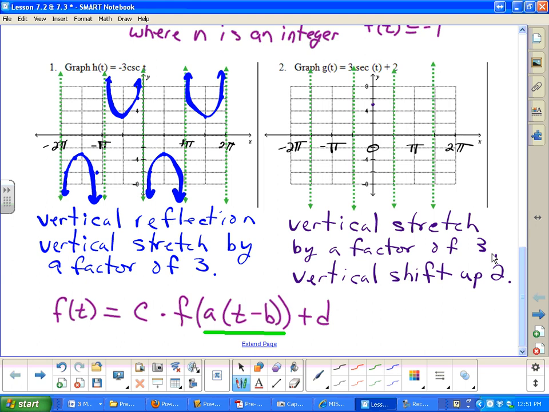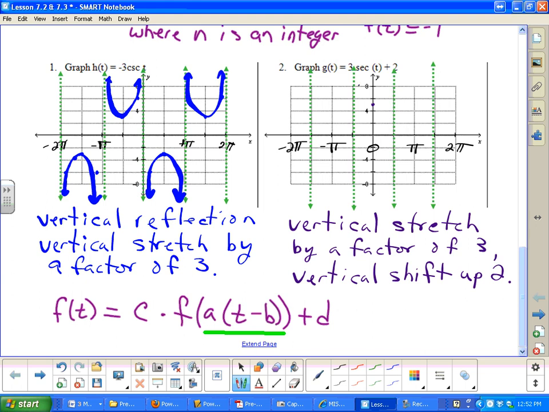Okay. So now we have for secant our numbers at negative pi over 3 and at positive pi over 3 were 2, right? Because cosine is equal to 1/2 there. Okay. So we take the reciprocal 1/2, we get 2, multiply that by 3 and add 2 to that and we're at 8.